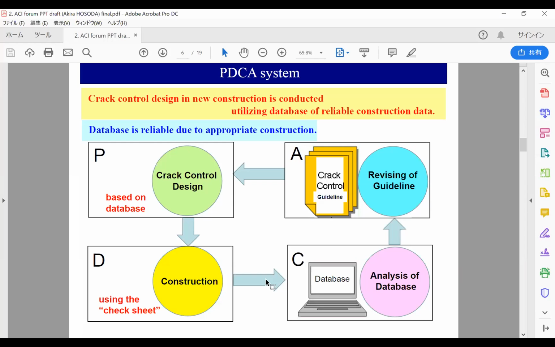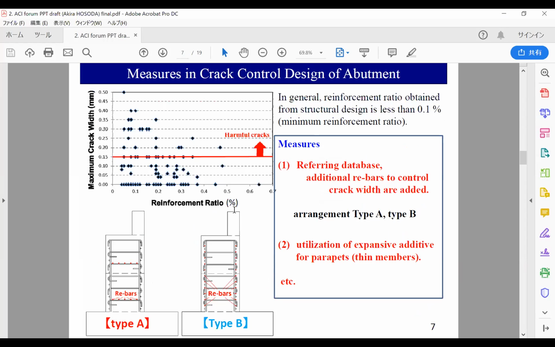This is just one example. You can have a kind of image about crack control design. They plotted their own construction result data for each structure, but each structure has its own reinforcement ratio.